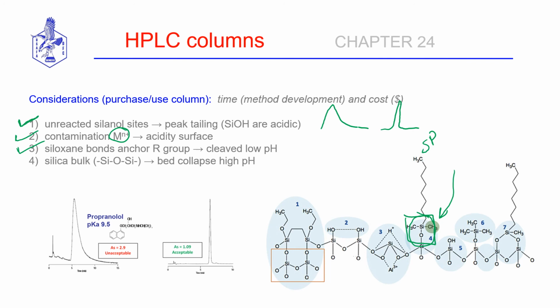If we are at very acidic conditions, low pH, that bond tends to be a little bit more vulnerable, so we may want to protect that bond, and we could protect it by our choice of the side groups that we put on it. The other concern is when you run separations under basic conditions, a high pH.